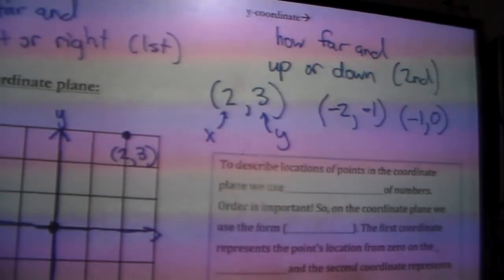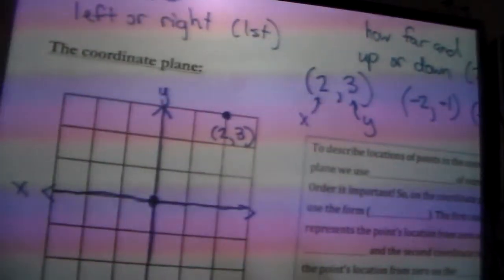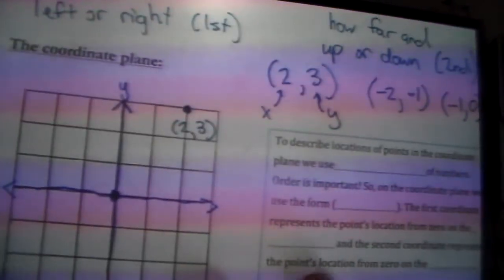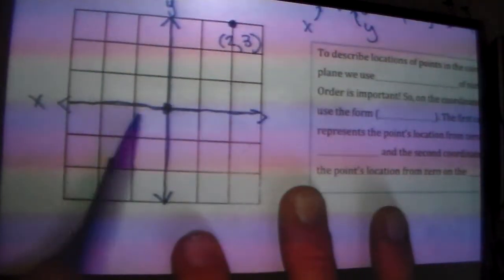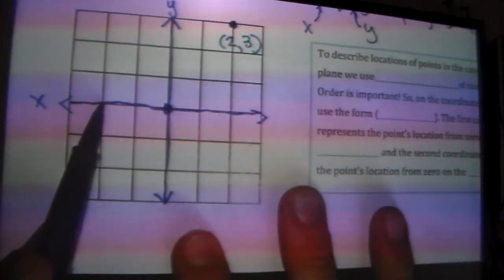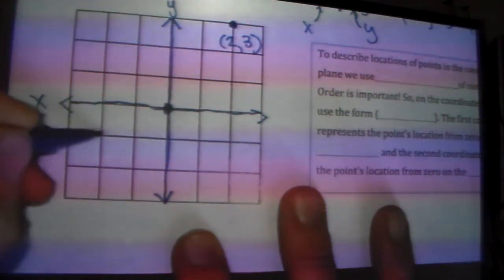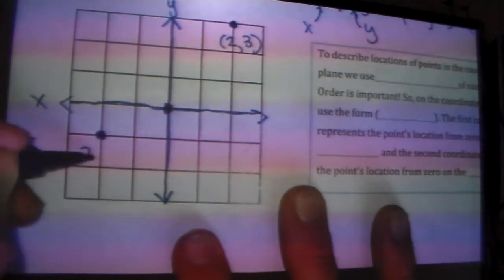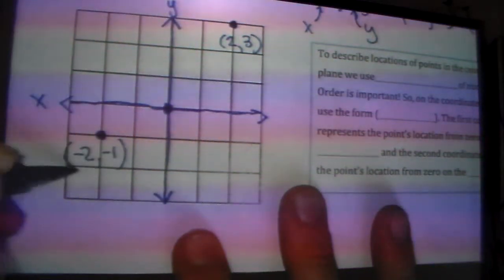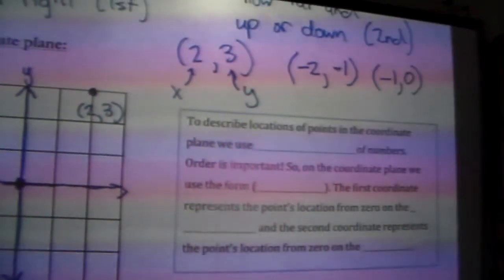Hopefully you're done trying this, and now let's see, -2, -1. Well, -2 tells me we'll go left 2 since it's negative, so I'm going to go 1 and 2, and -1 for the y tells me to go down 1. If it were a positive one, then I'd go up, but it's not, so I label this one as -2, comma, -1. So there's the first one. Let's try this one over here. -1, comma, 0.